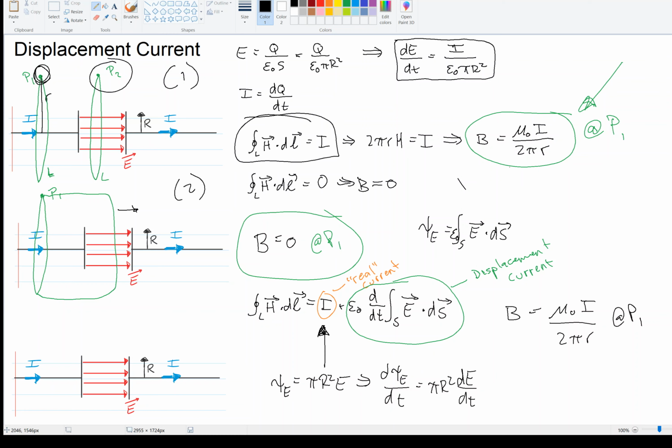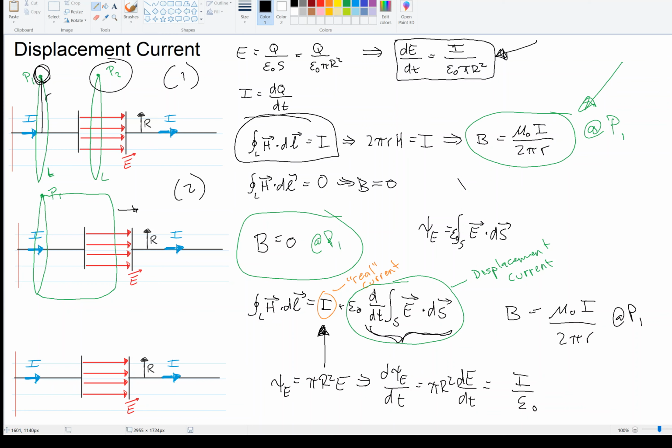And we've said, remember up here we were going to need this in the box, dE/dt is I over epsilon 0 pi r squared, so the pi r squareds cancel, and so this is just I over epsilon 0. Okay, so if I plug that into here, that was the time derivative of the flux, the epsilon zeros cancel, and voila.